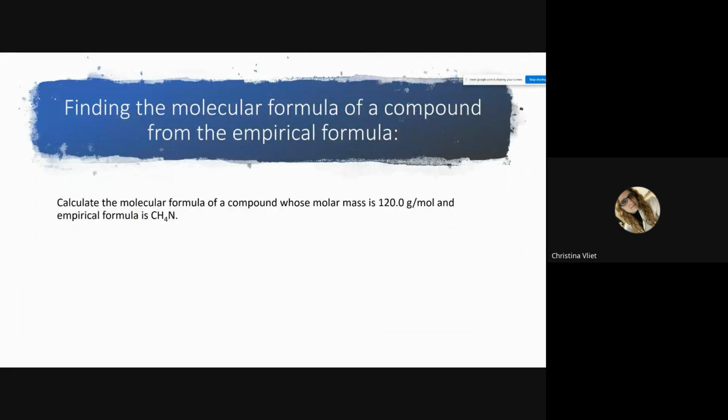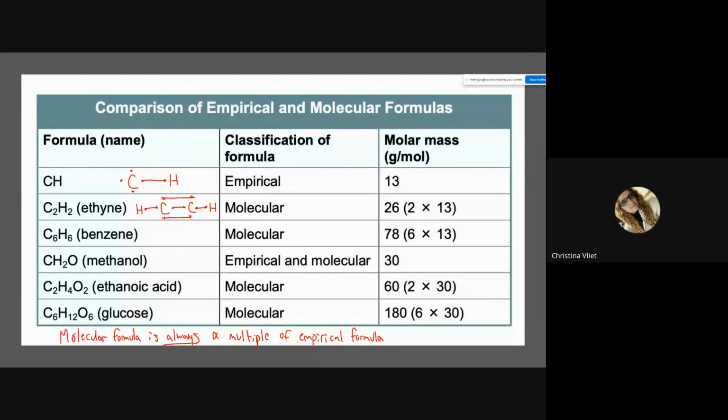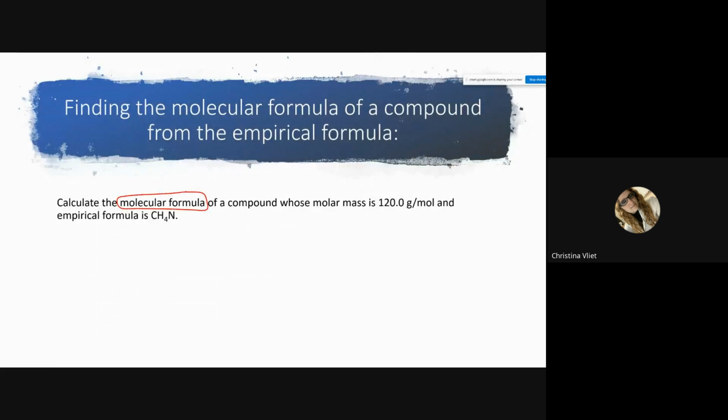Here we go. Finding the molecular formula from the empirical formula. So typically what happens if they're asking you for the molecular formula, go ahead and annotate the question. Typically what you're given is the molar mass of the molecule, so this is the molecular formula's molar mass.